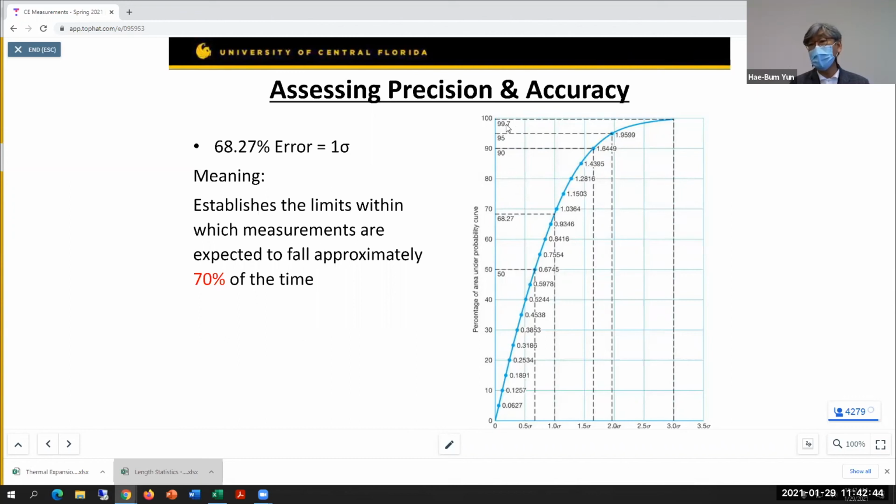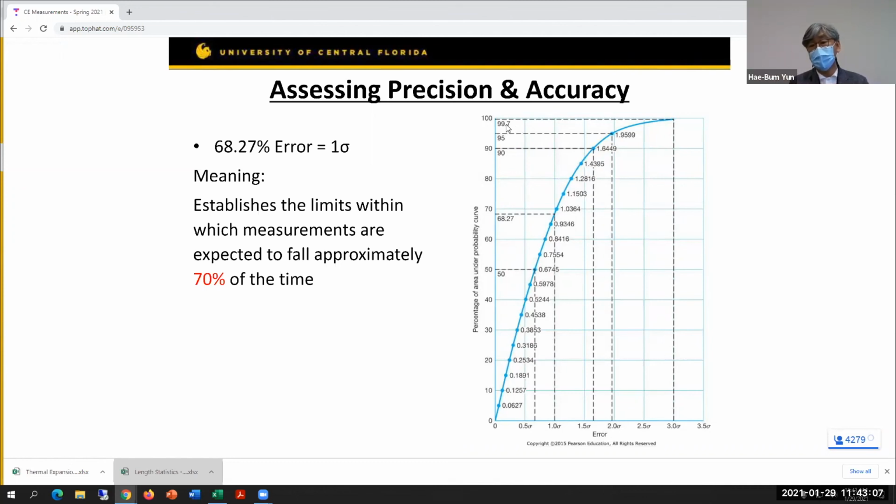So if you manufacture 1,000 products, the number of products with a defect will be 3.